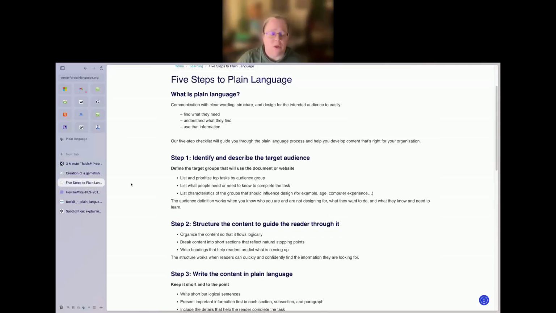Plain language is communication that uses non-complex, non-jargony language, and it's also speaking very directly to the audience. So you need to figure out who is your audience, what is the level that you want to be communicating at, and what are the ideas that you want to communicate.